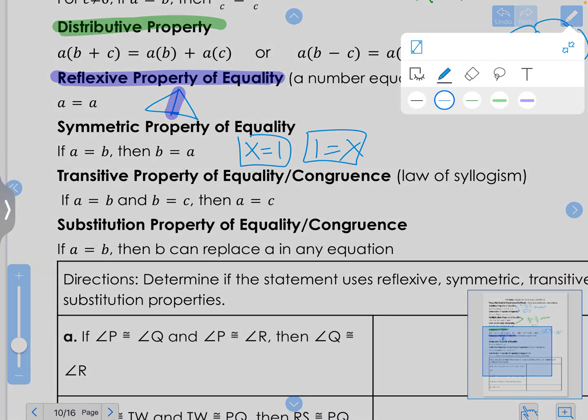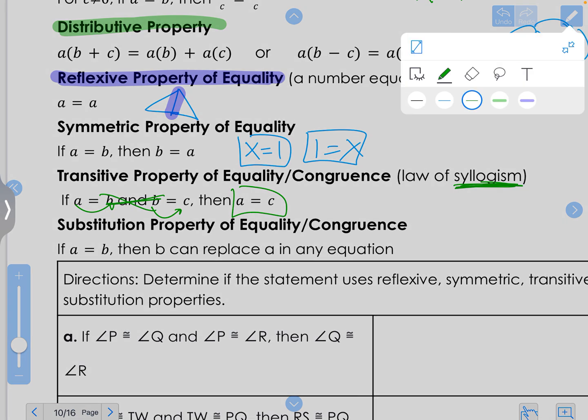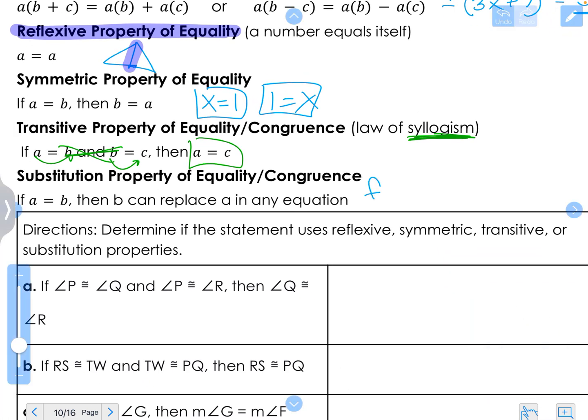Our transitive is just simply our law of syllogism. If A equals B and B equals C, then we are able to take the B's out and just have A equals C. And then our substitution property is, so let's say we have 3x plus 7 equals 10, and we know that x equals 1.